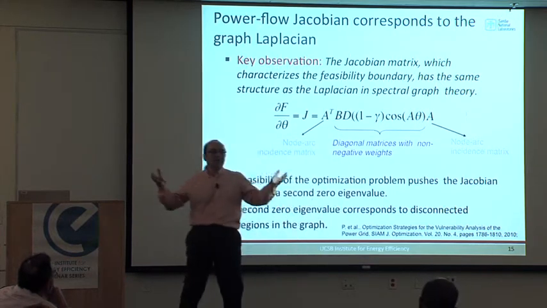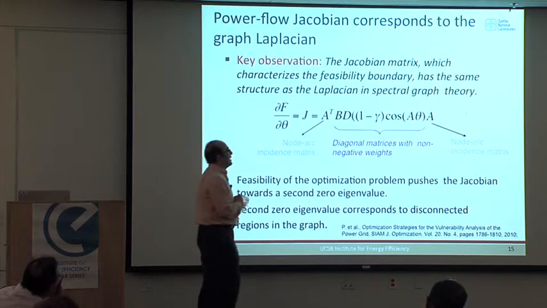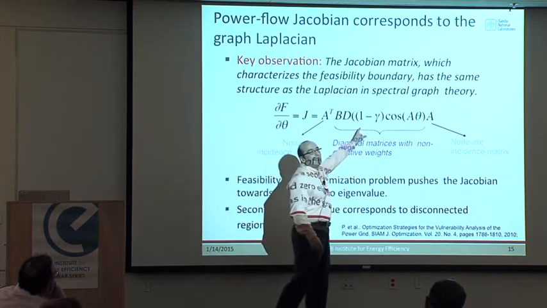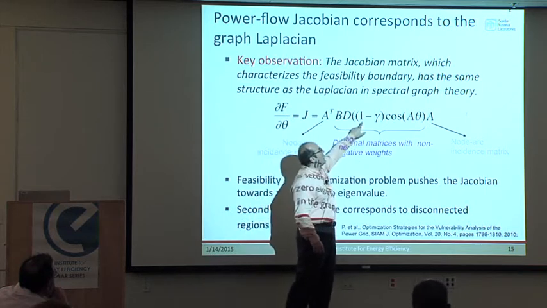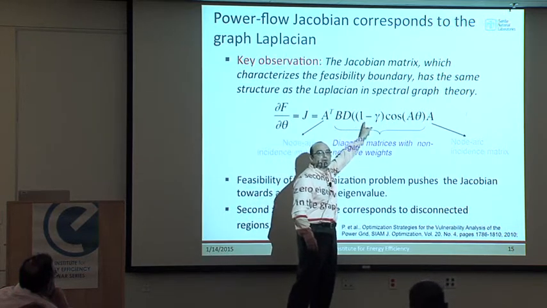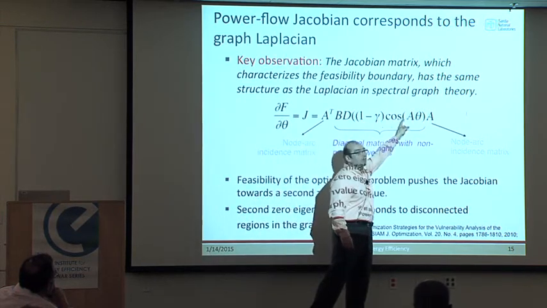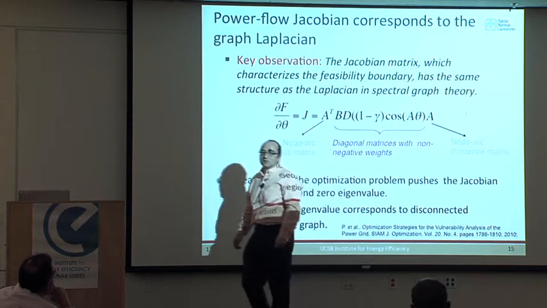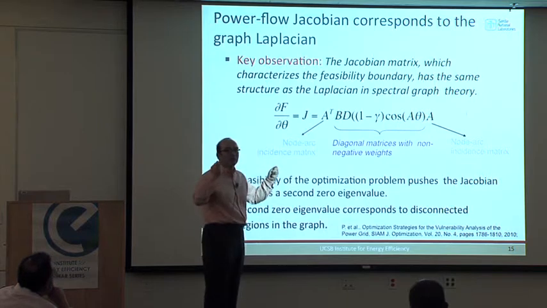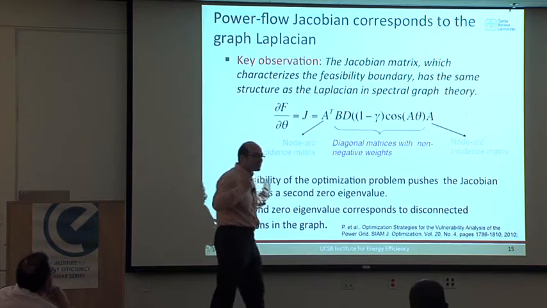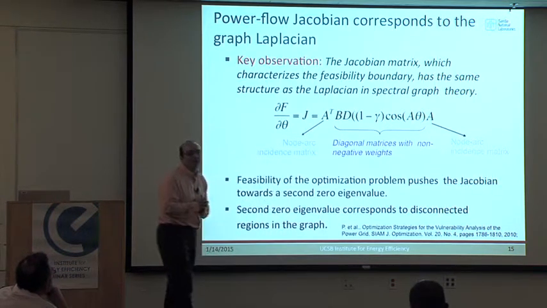I'm assuming I start with a single connected power grid. That's only possible if there are two regions, and between these two regions, either the line is cut, or this cosine A theta is 0. That's possible if the sine of the angular difference is pi over 2. I'm transferring power at its maximum capacity.